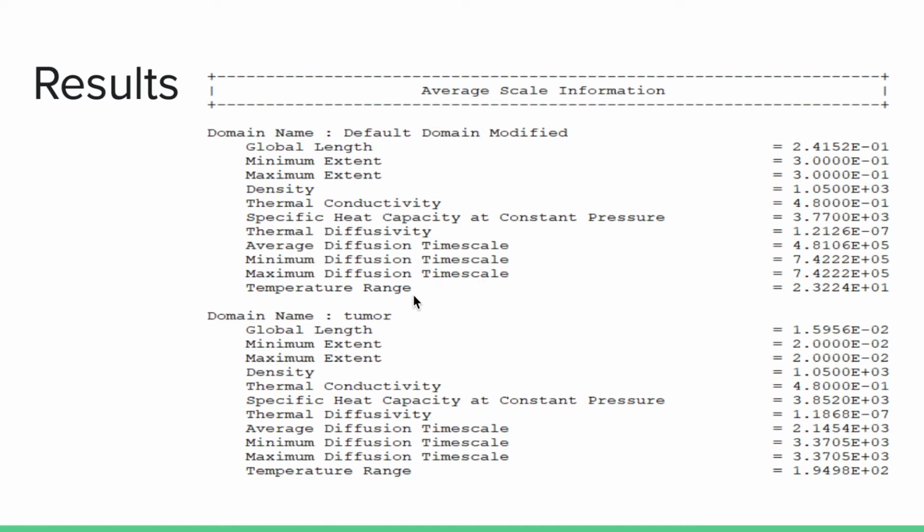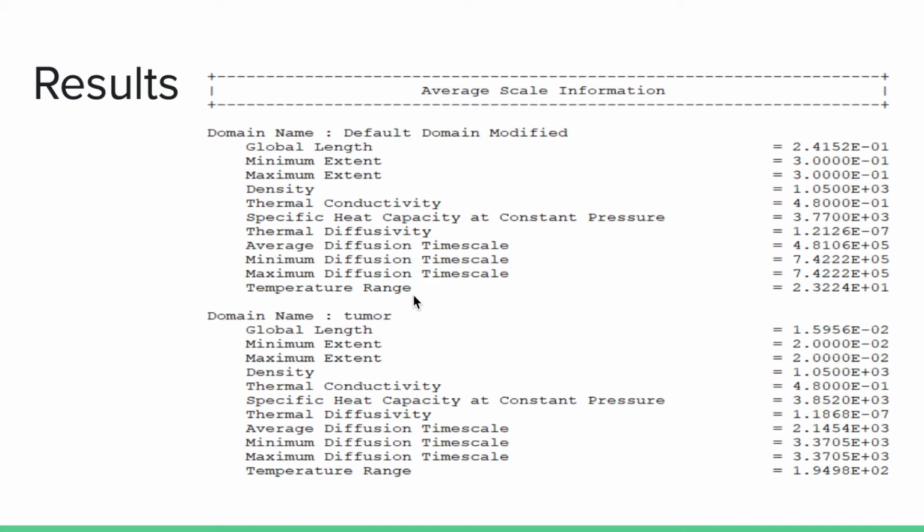The average diffusion time scale is much higher for the healthy tissue because it takes much longer for the temperature to change for the healthy tissue compared to the tumor, which has the probe in it. The temperature range for the tumor, however, is much higher than for the healthy tissue because of the bigger temperature difference in it.